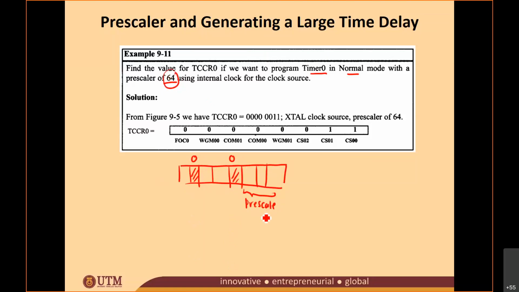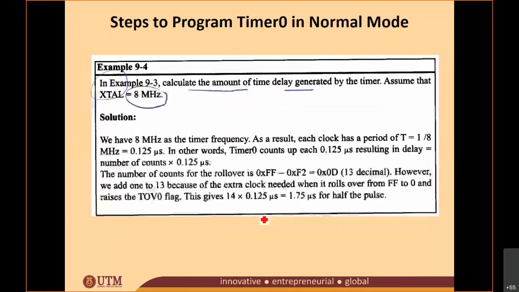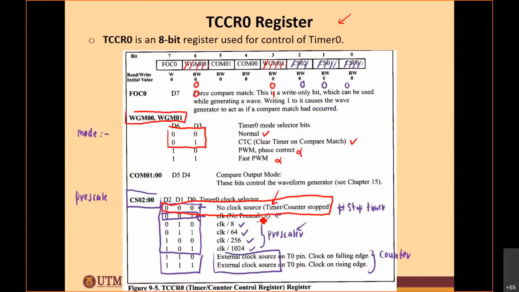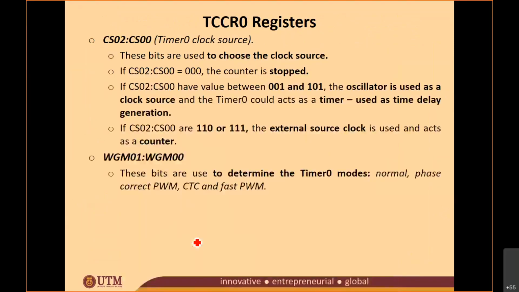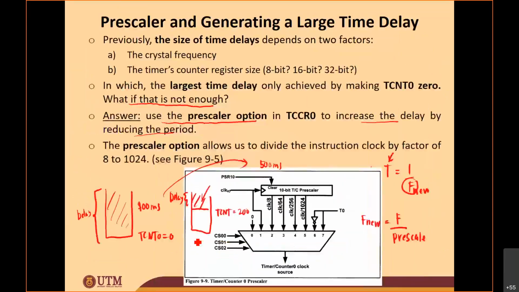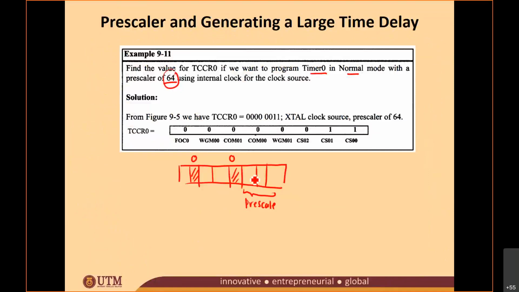According to this table, for the 64, the value is 0, 1, 1, 1. So you put 0, 1, 1, 1.